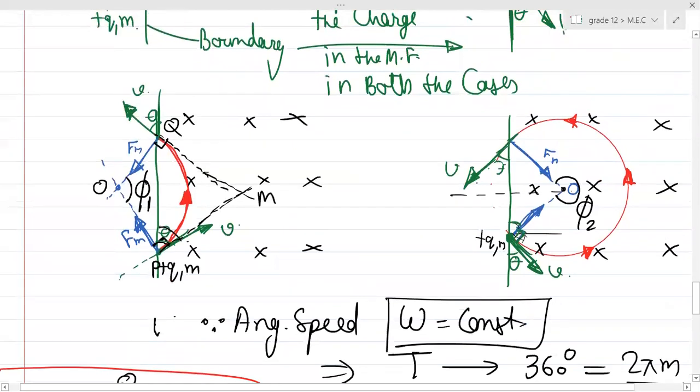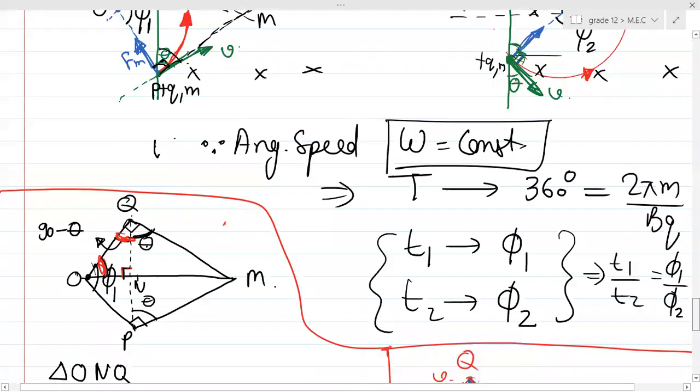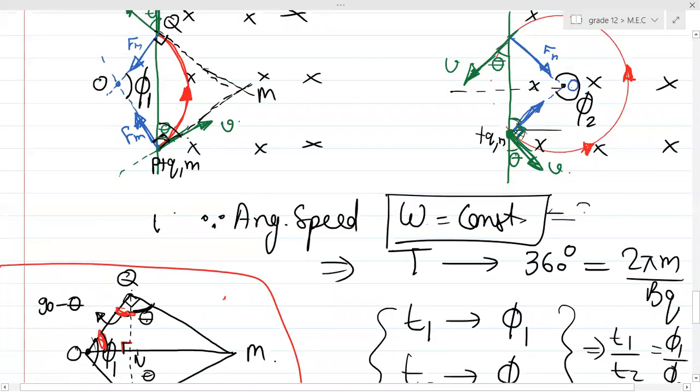So basically we were required to find the ratio of time taken inside. We all know that the angular speed is constant. That constant is basically qB by m, right? So if I say the time period is T, 2 pi m by Bq is basically the time period, not the angular speed. That is the time taken to cover 360 degrees, right?